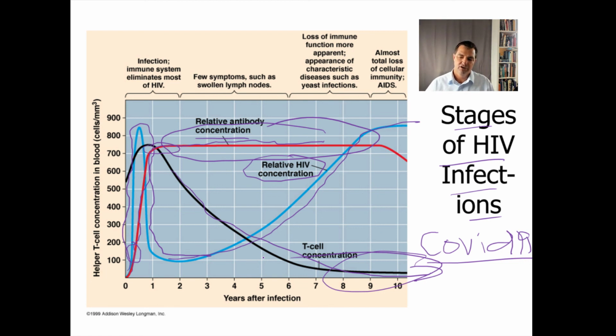So with COVID-19, for example, they have ways to test you to see that you are infected. You have a unique set of symptoms that can vary and cause heart failure or pneumonia and those kinds of things.